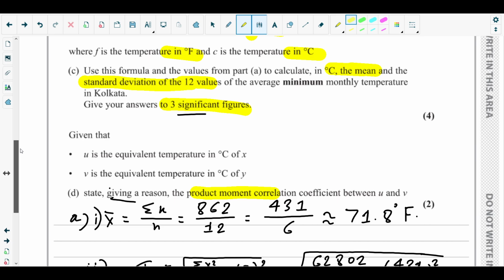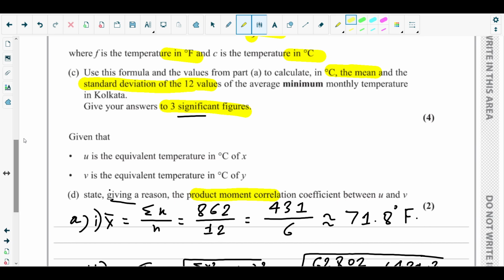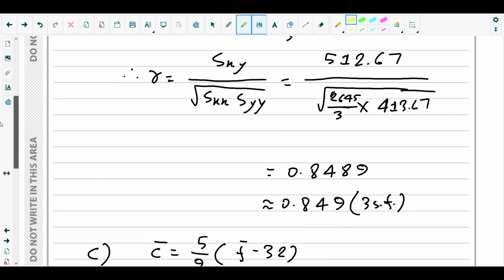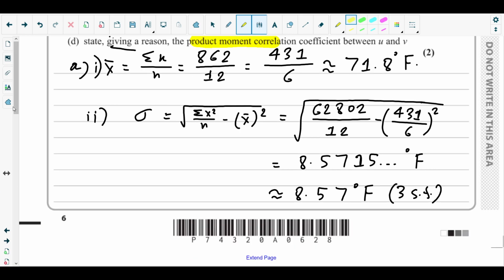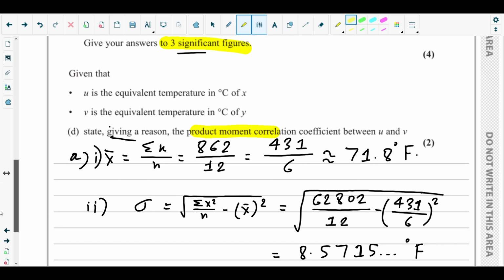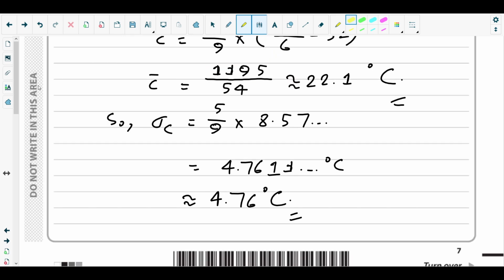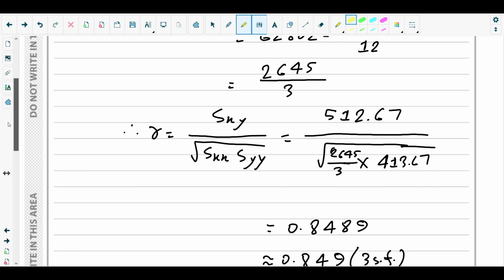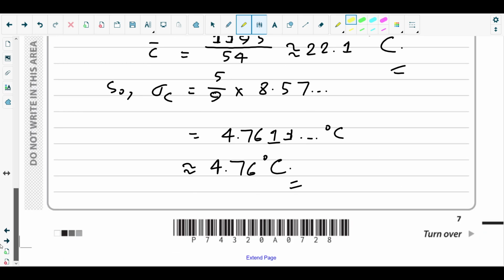Definitely it will remain the same, because coding doesn't affect the value of the product moment correlation coefficient. Clear? For part D, the value would be what we found earlier in part B, 0.849. So it remains the same.